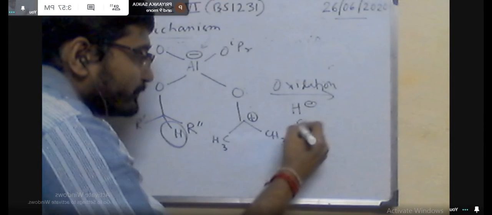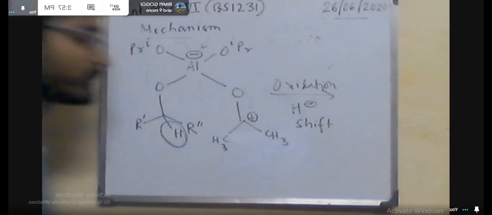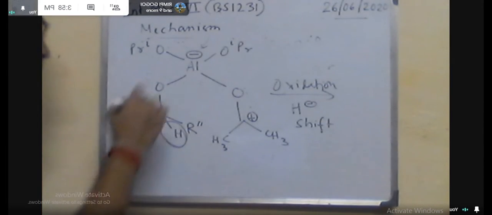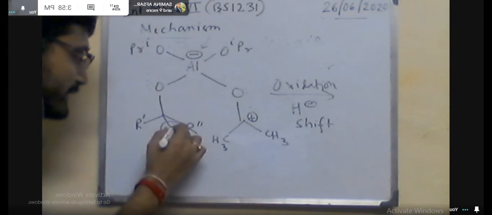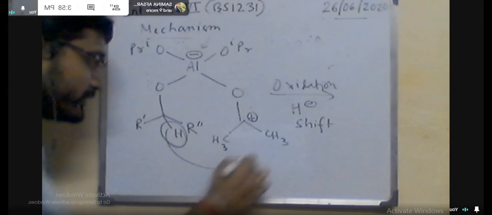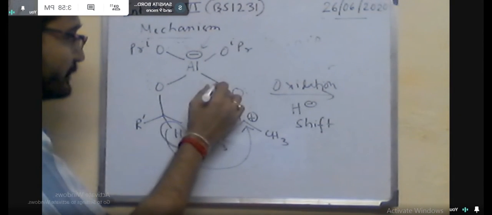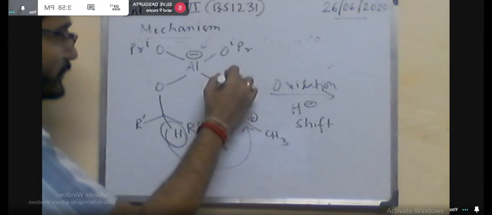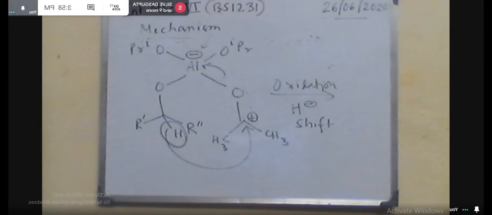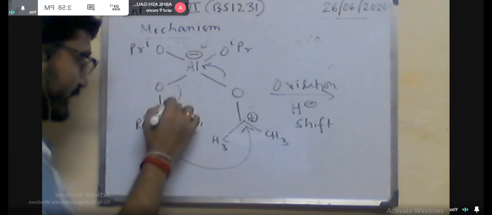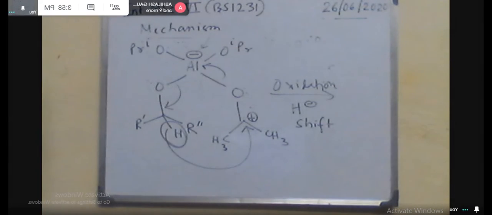So this hydride will be migrated here. Similarly, it can form the bond between the oxygen and aluminium, and this bond will be broken. So as a whole, the transition state we can show this way, that aluminium isopropoxide, this aluminium oxygen bond will be broken.